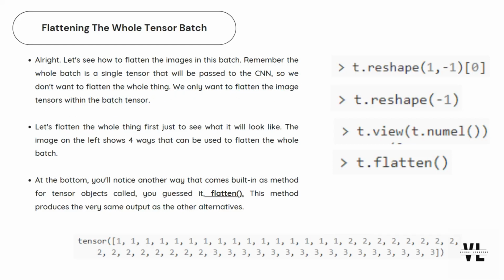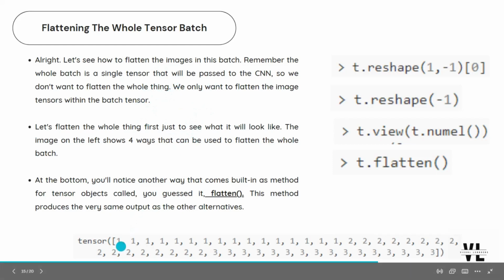When you pass images into a CNN and want to flatten them, you only need to flatten them across each image, because the flatten method will otherwise completely squish everything into a single dimension.